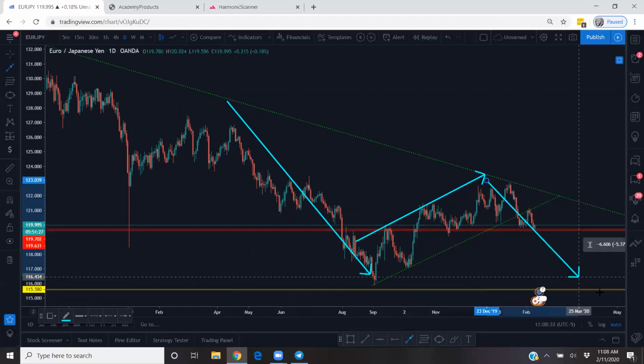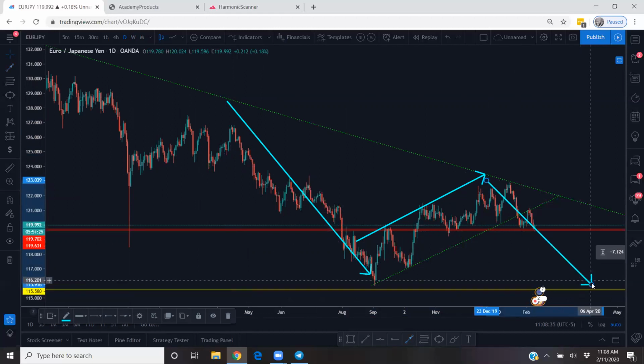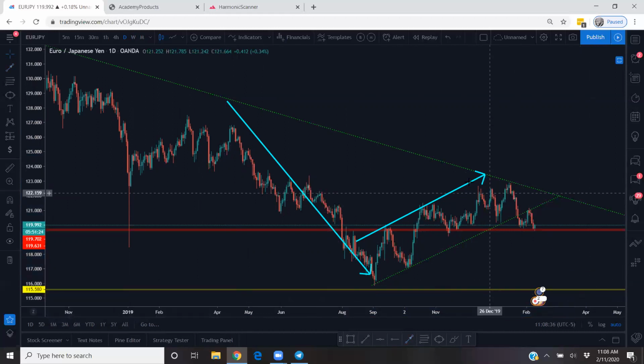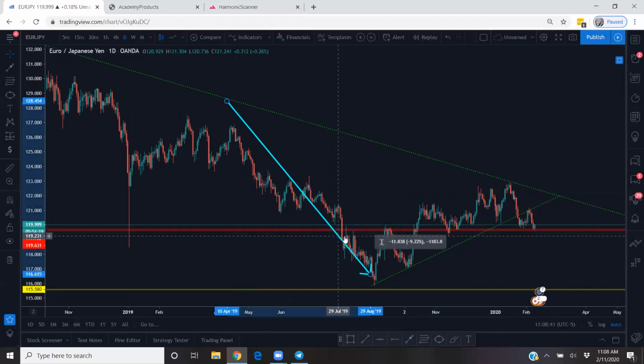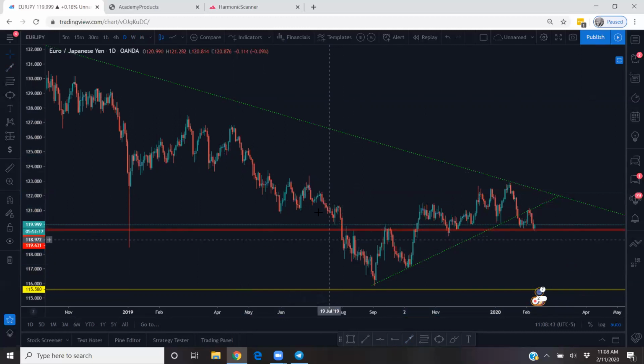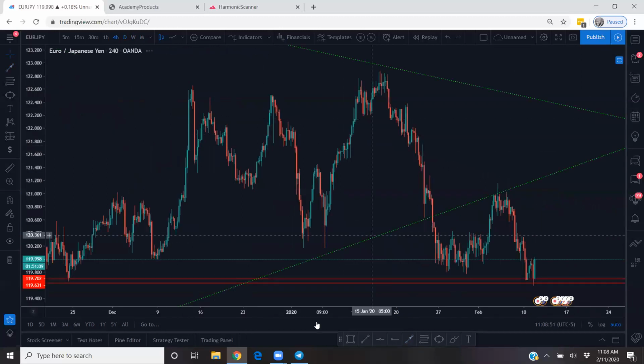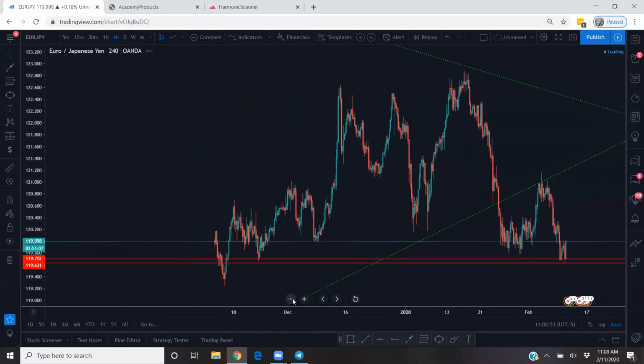And overall, the market, we're looking for a continuation to the downside. Now, because this is a short-term trade, they're basically looking at the pullback as an opportunity to catch some pips there. So drop down to my 4 hour.